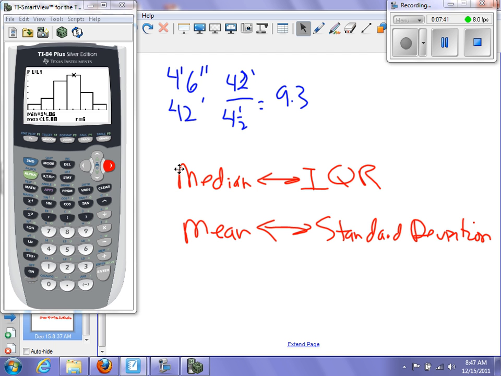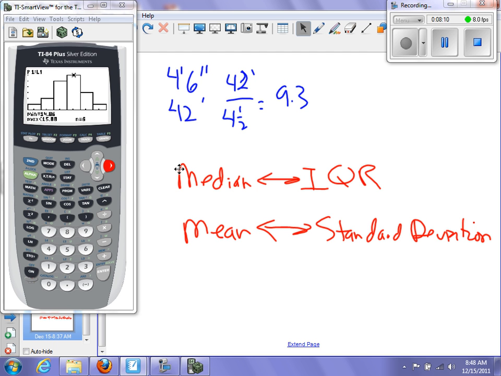But if you have something that is unimodal and symmetric, you're supposed to get excited and say, oh boy, I can use a normal model! If you can use a normal model, you're going to have mean and standard deviation, which gives us a lot richer tools to analyze this stuff. Unimodal and symmetric, I'm going to want to use my mean and standard deviation. Does that make sense? Question on that? No? Okay.